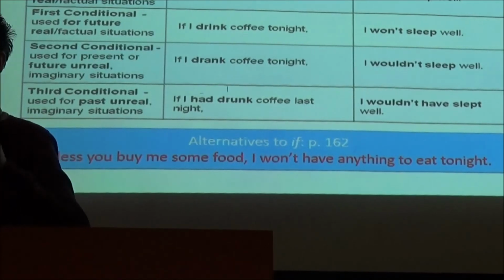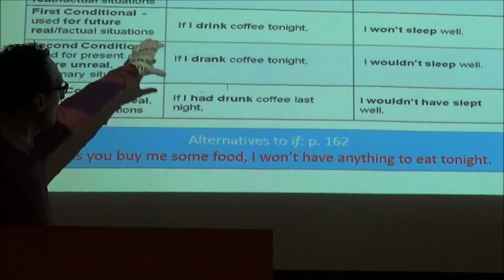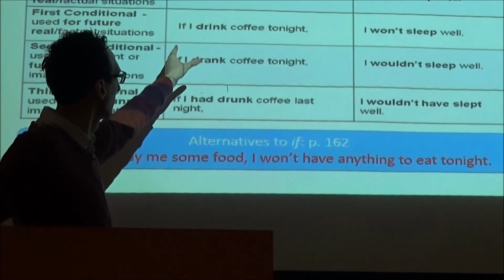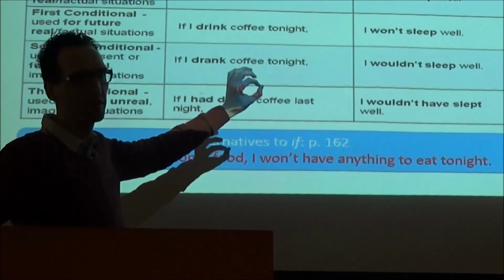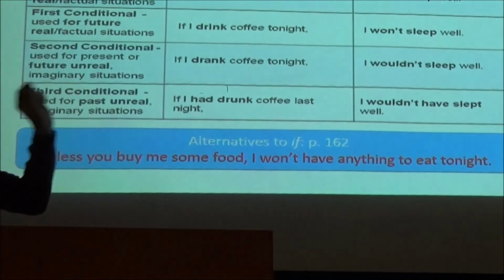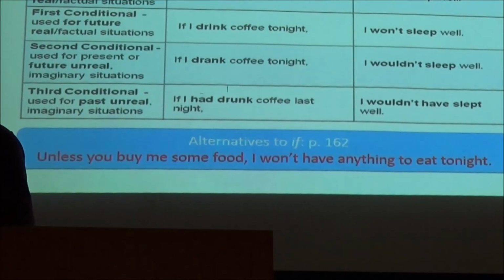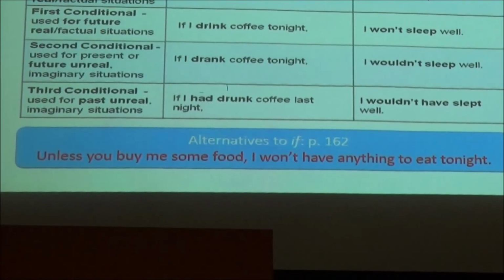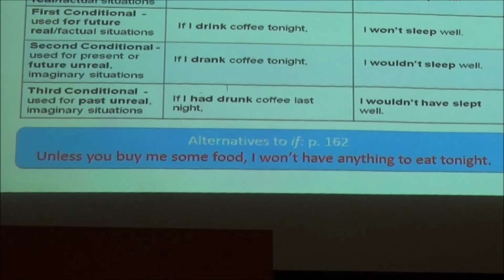All you need to understand is that the meaning changes when you say I drink coffee at night, I don't sleep well, and when you say if I drink coffee tonight, I won't sleep well. There's a change in meaning there. And that's important to realise. And whether we call that general truth or possibility or something else doesn't really matter, as long as you're aware that the meaning changes when you change the form of the conditional.